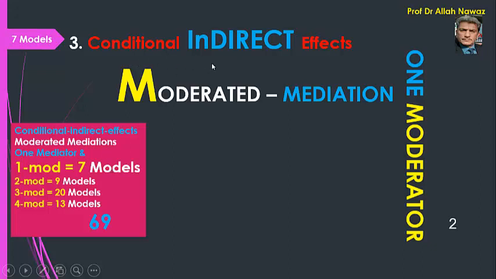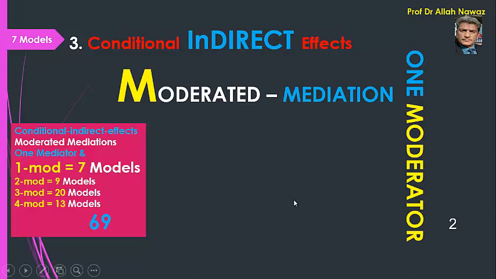Since we are talking about moderated mediation, and we have already said that in all the moderated mediations there is only 1 mediator, the number of moderators will range from 1 to 4.